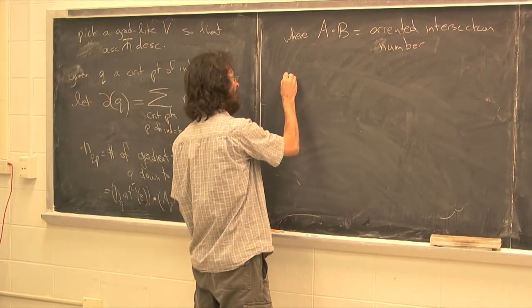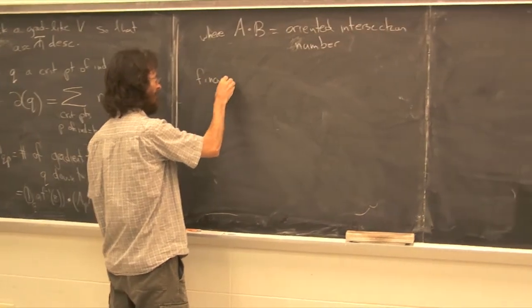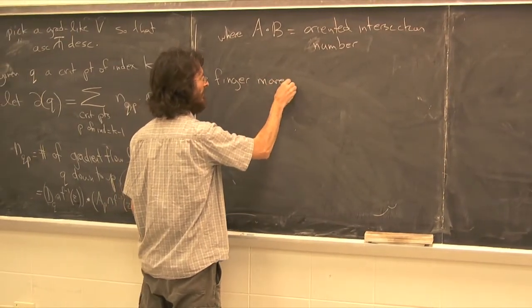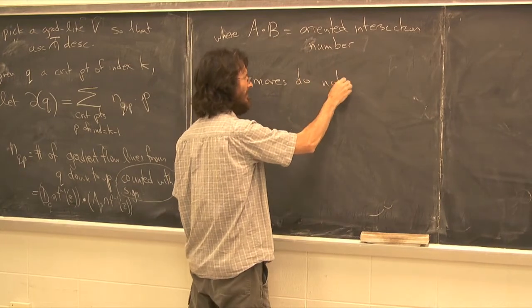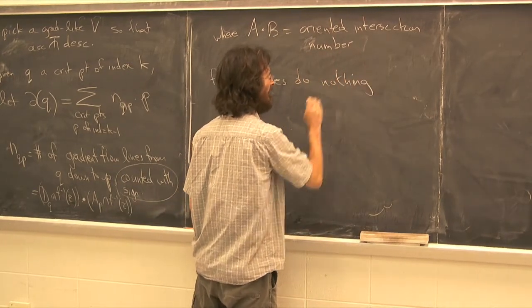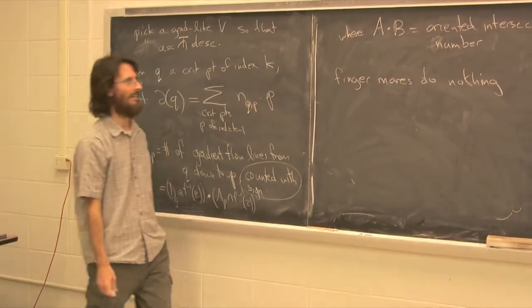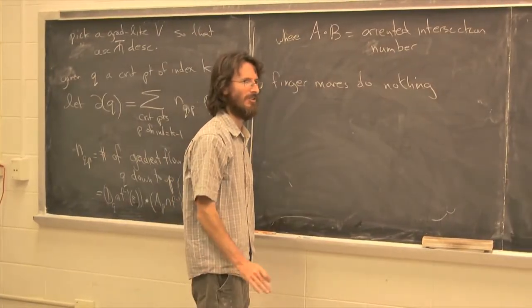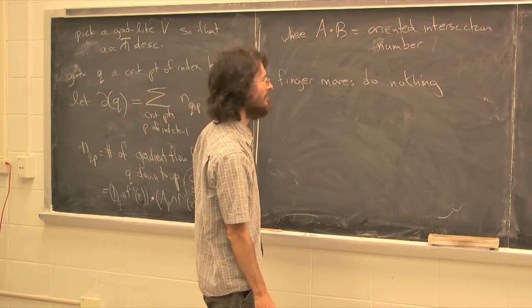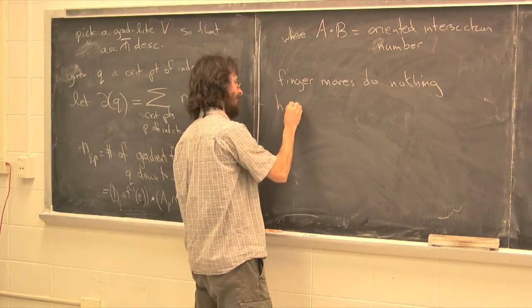So first of all, finger moves do nothing. They do something to the actual geometry, but they do nothing algebraic because we've already built that in. And that's good because we want something that's robust under these moves. What do handle slides do?